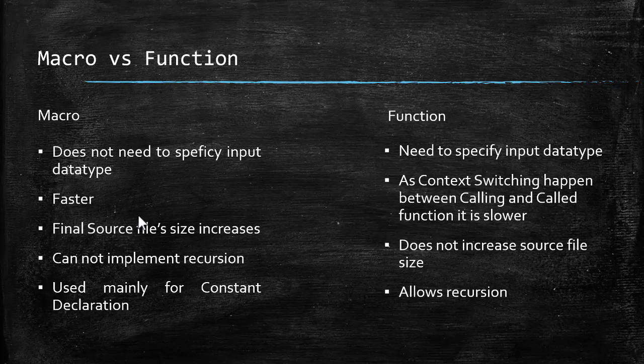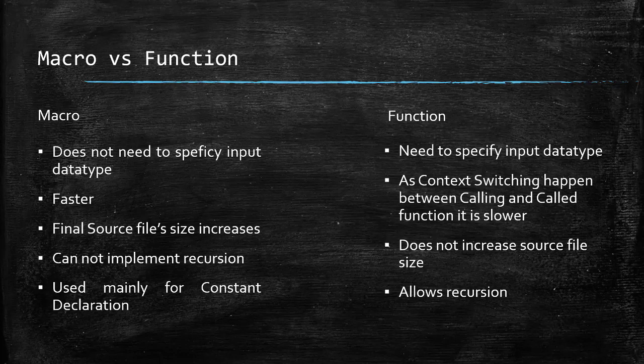The macro is used mainly to make your code more understandable, easier to understand for the people who are going to see your code for debugging or any other purpose, as well as to declare the constants, which is mainly done in the header files. Header files have the constants in the form of macros.